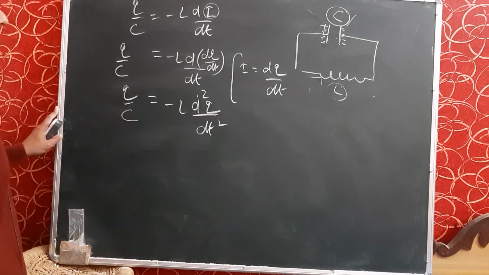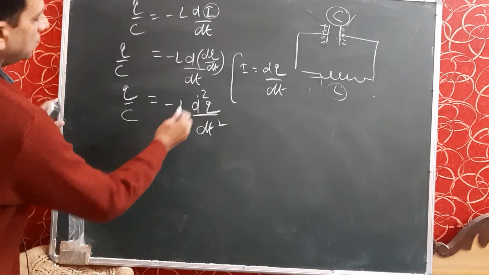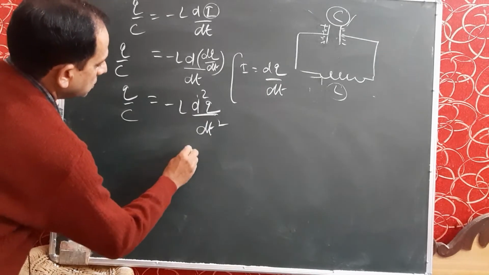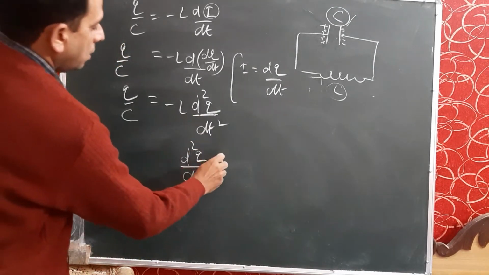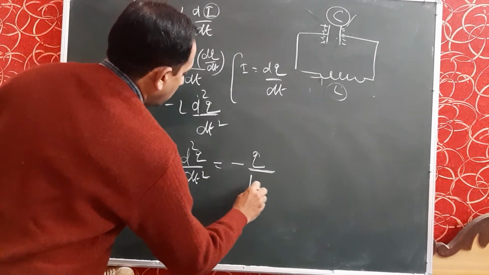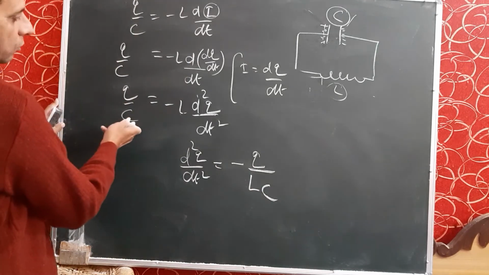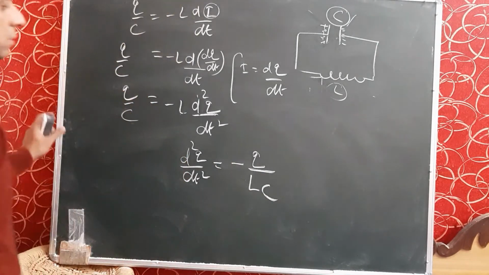Making this the standard SHM equation, d square q upon dt square is equal to minus q upon LC.